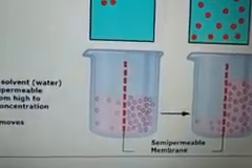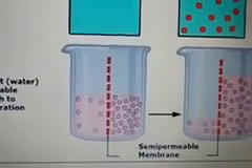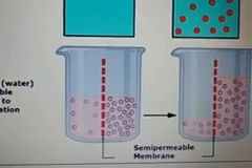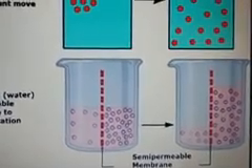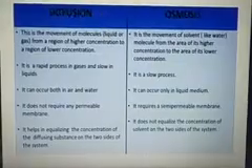So here you can see the pink colored water is more on the left side. So it will go towards the low concentration, and the right side level mainly increased because of the solvent movement.